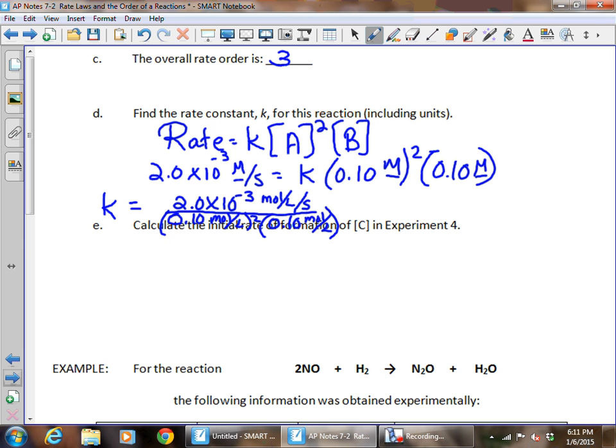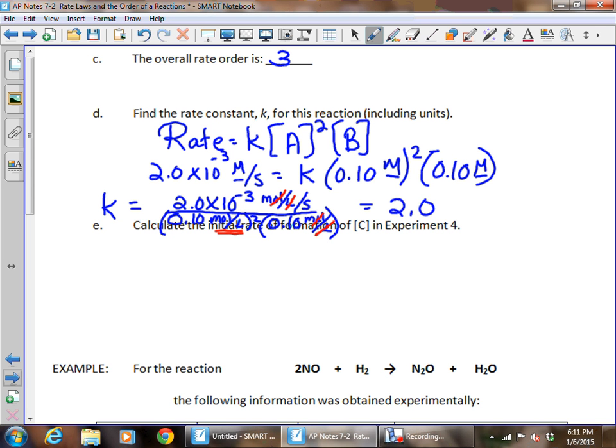Now this gets a little confusing, and I'm going to show you a little shortcut for this in a little bit. But notice that we've got moles squared and liters squared here, okay? Those aren't going to be able to cancel because I'm going to cancel this mole and this liter. Those moles per liter are going to cancel, but the moles squared over liters squared is not going to cancel, and neither is the seconds. So when I divide this out, the value that I end up with is 2.0.